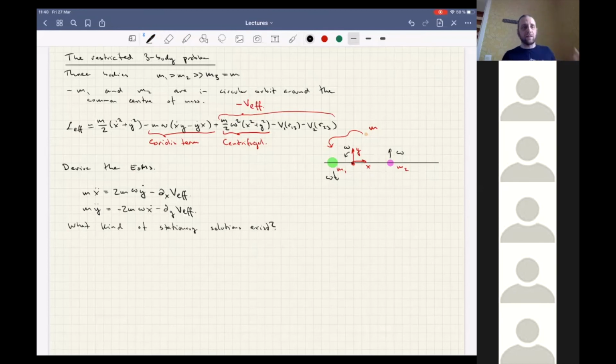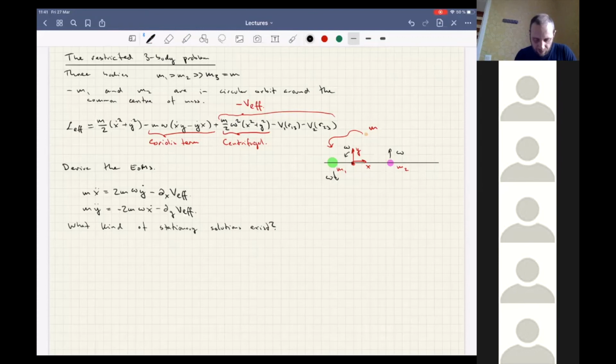Well, that's a solution that does not depend on time. So in this coordinate system, I'm going to be at the same x and y value. Since the x and y coordinate system rotates along with this original system of two bodies, that means this third mass is going to be co-rotating along with this system. So that would be a stationary solution.